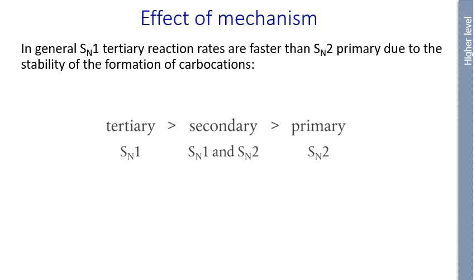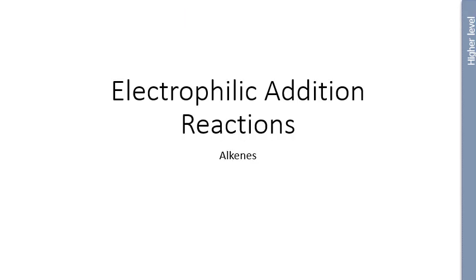This is formed, of course, following the cleavage of the carbon-halogen bond, and more stable tertiary carbocations rapidly form and immediately react with the associated nucleophile. So that is essentially SN1 and SN2 nucleophilic reactions.